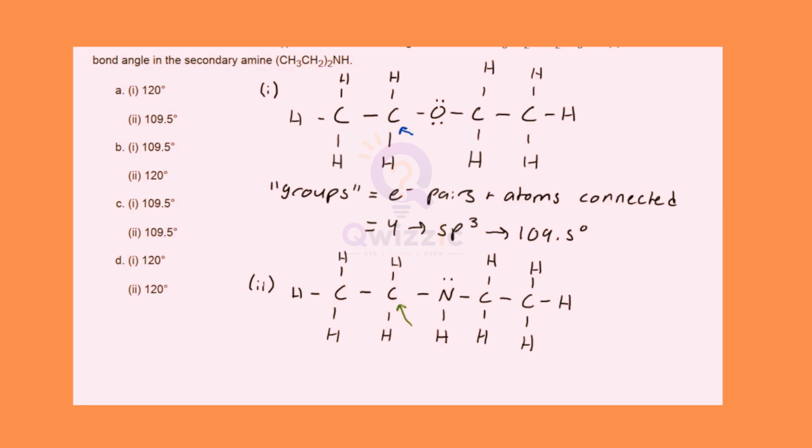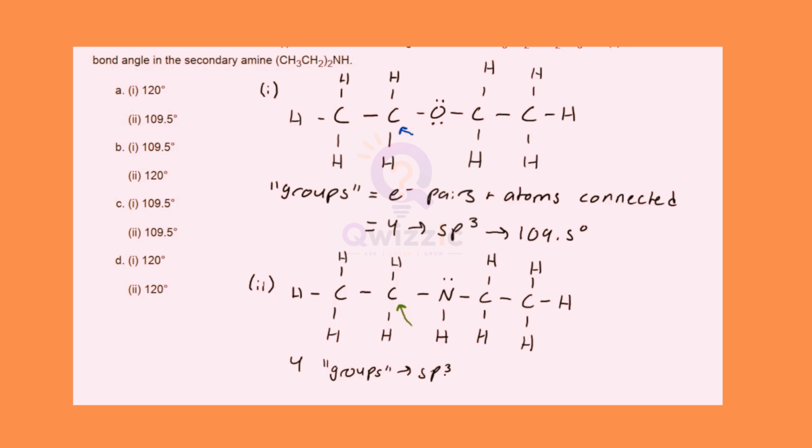So considering the Lewis structure of diethylamine, we have 0 lone pairs of electrons around carbon and 4 other atoms connecting directly to carbon. This makes 4 groups in total, and corresponds to sp3 hybridization on carbon.